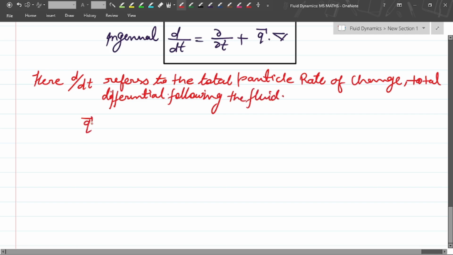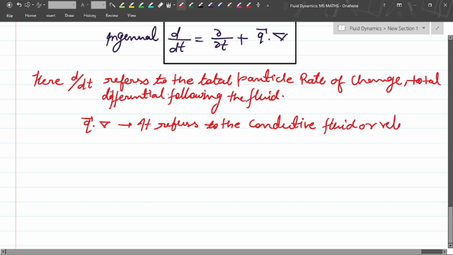And q vector dot del refers to the convective term, the velocity of the moving fluid.